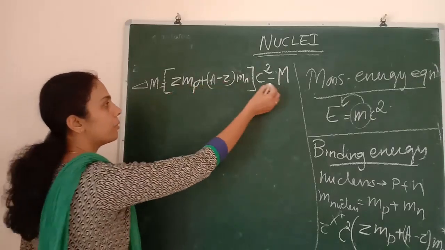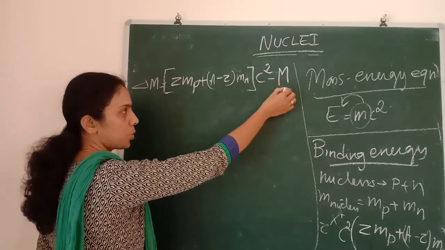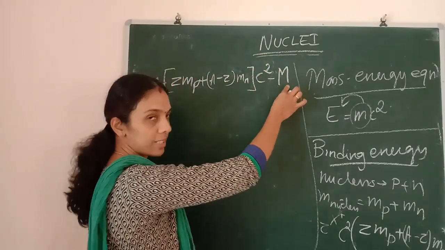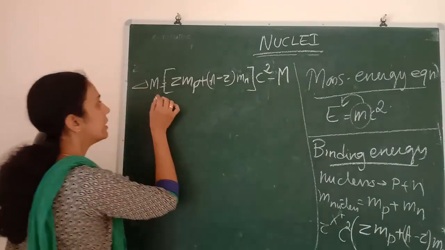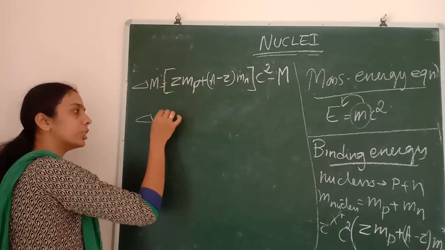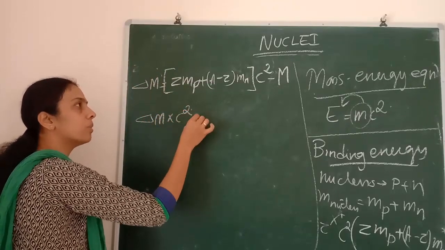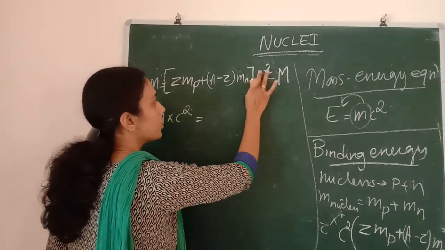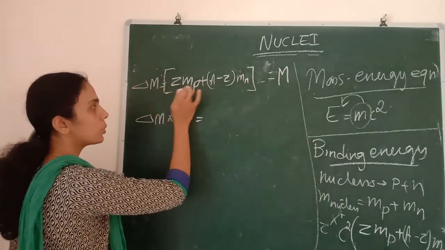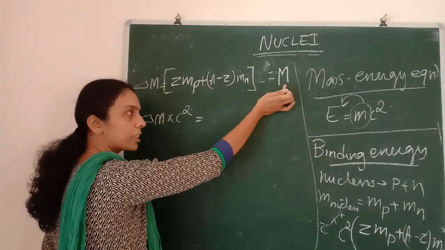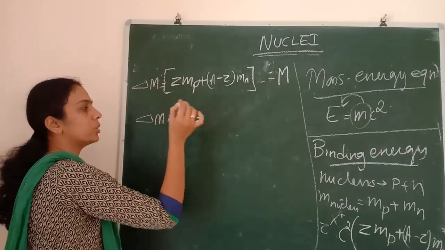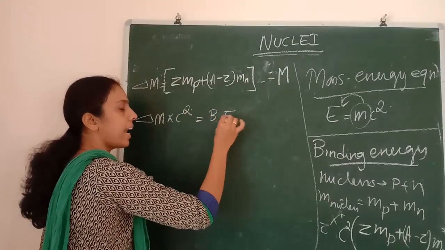Taking the difference between these two, that is called the mass defect. Mass defect into c square gives the energy. So mass is mass: the total mass is this much, and the mass using the spectrometer is this much. This is the mass defect. So mass defect into c square will give you the binding energy.